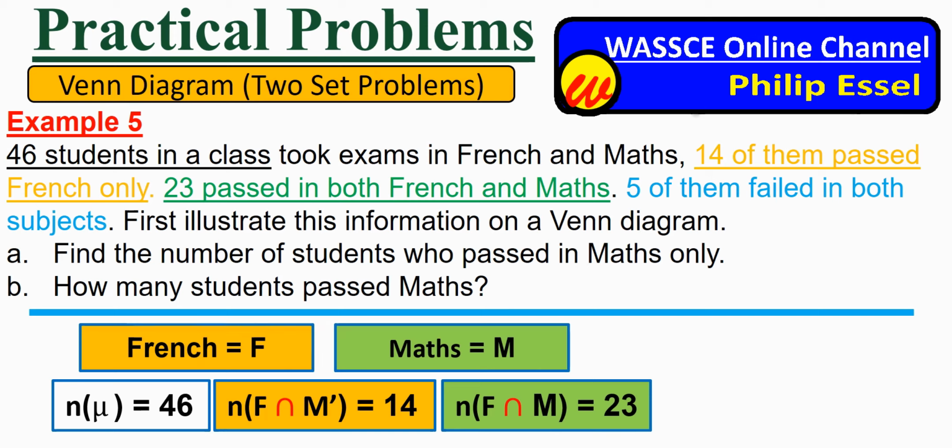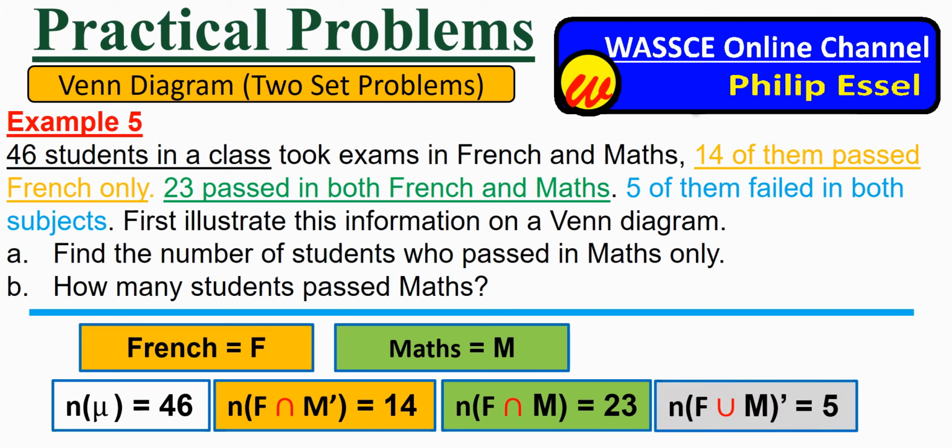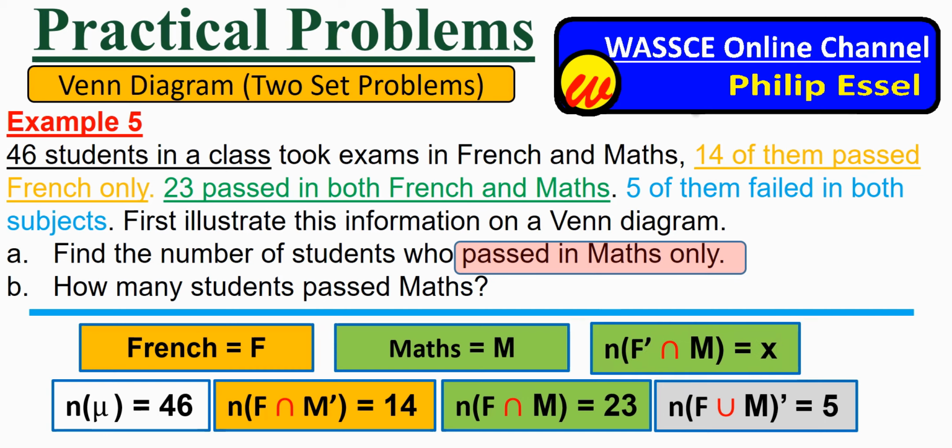We are then asked to calculate the number of students who passed in Maths only. Because we do not know this number, we would represent it by x. So F complement intersection M equals x.